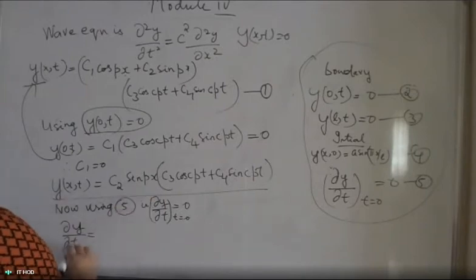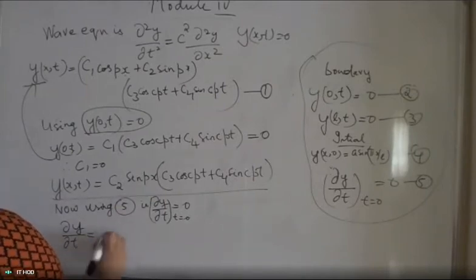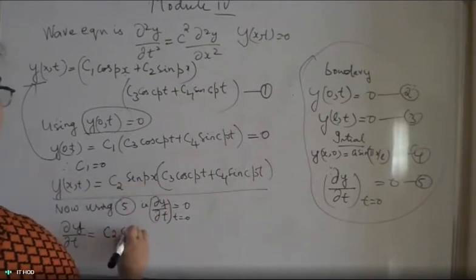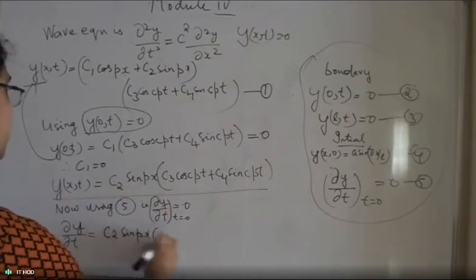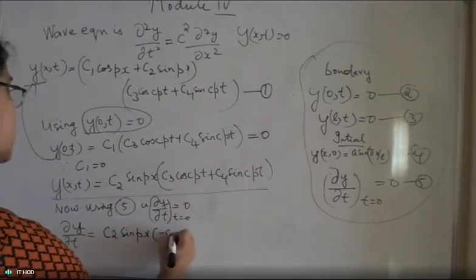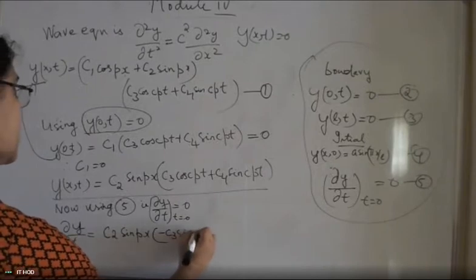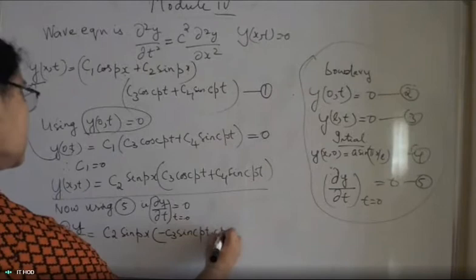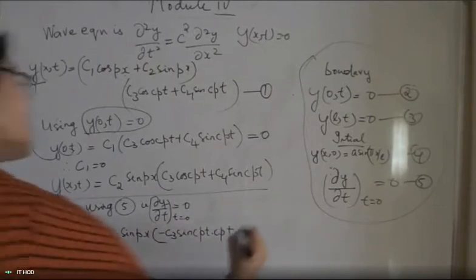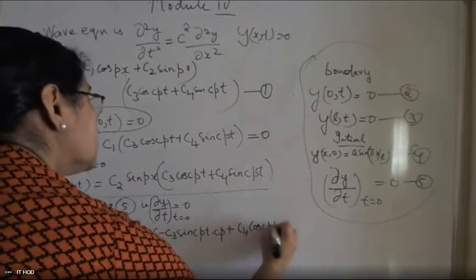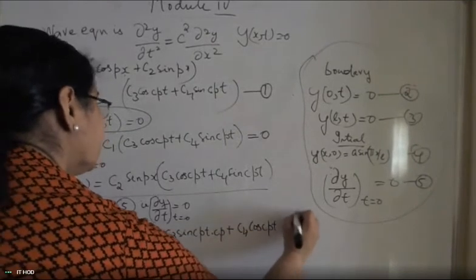Now, what is ∂y/∂t? We are differentiating with respect to t, so treat sin px as a constant. This becomes C2 sin px into (minus C3 sin cpt into cp plus C4 cos cpt into cp).